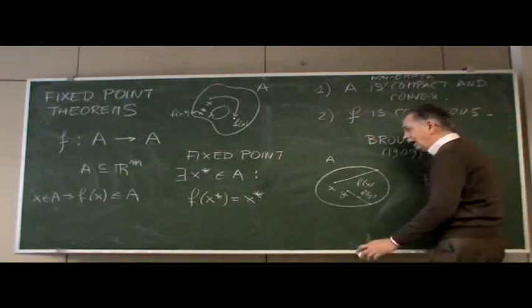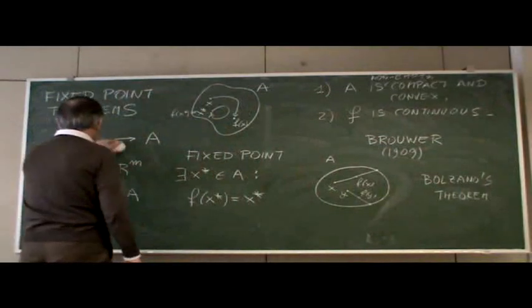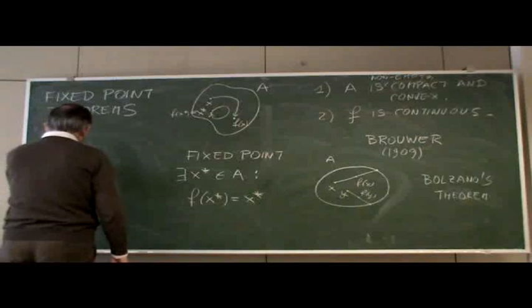The theorem of Bolzano regards a function which is defined in a set A, which is a subset of the real line.